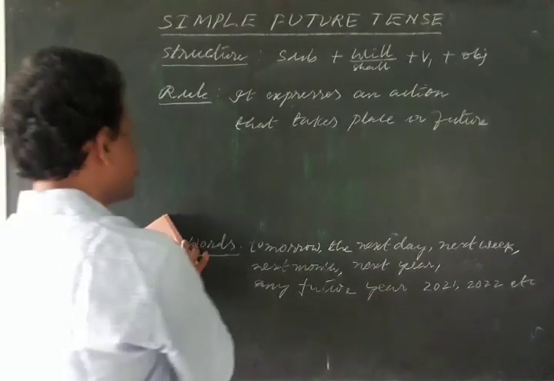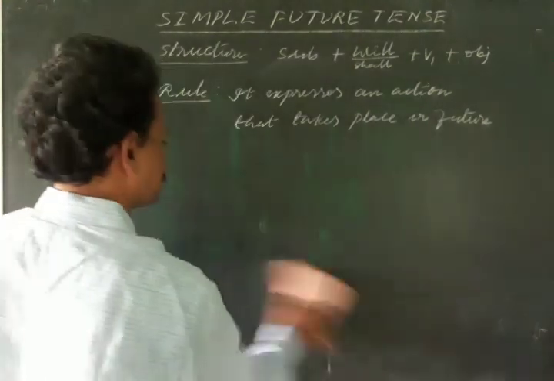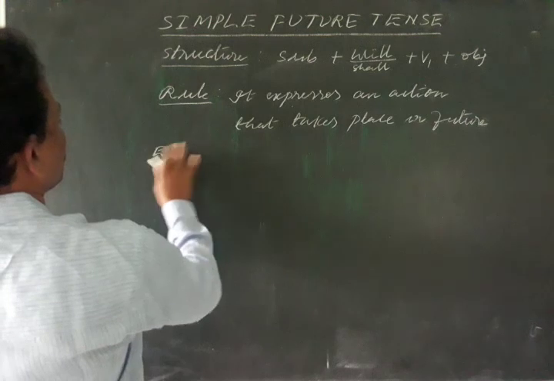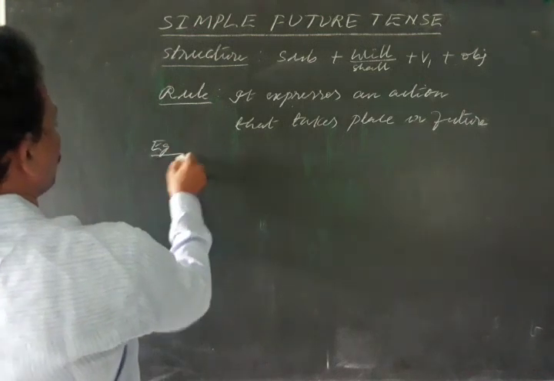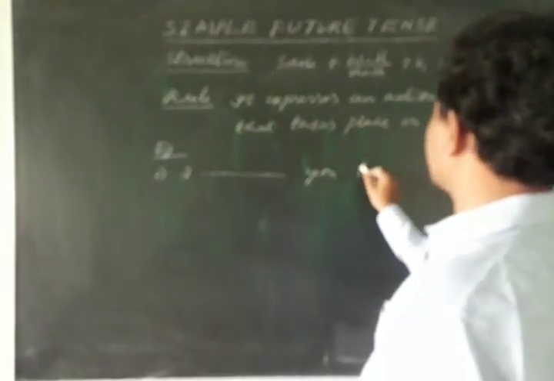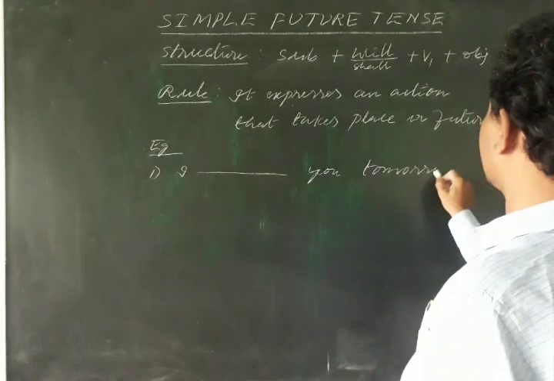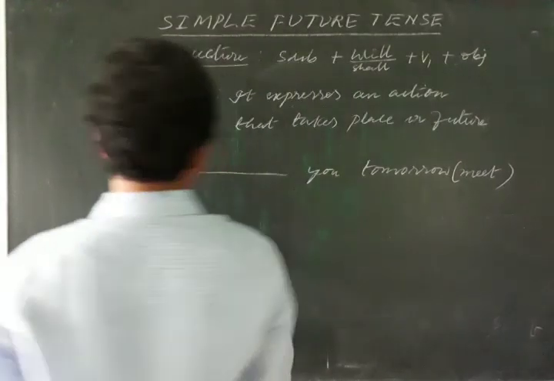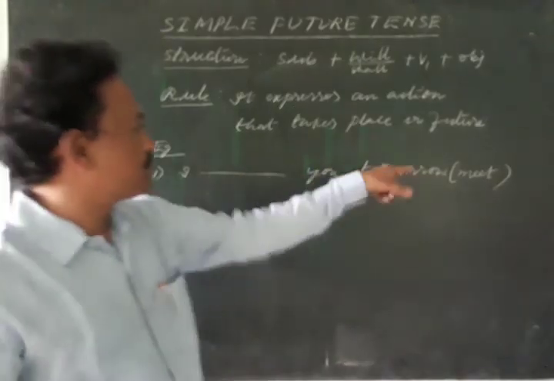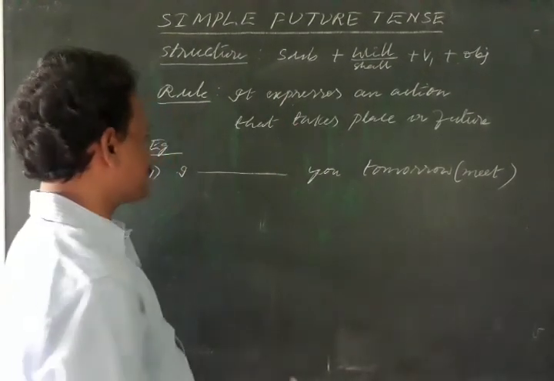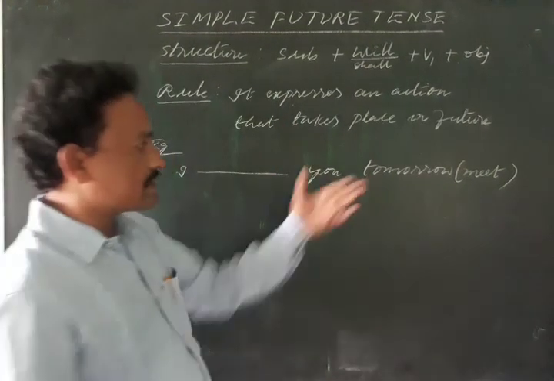Okay, let us see the examples. Example 1: I dash you tomorrow. This is a simple question. The sentence: I meet you tomorrow. As you know, there are 4 steps to identify the answer. First, the keyword. What is the keyword here? Tomorrow.